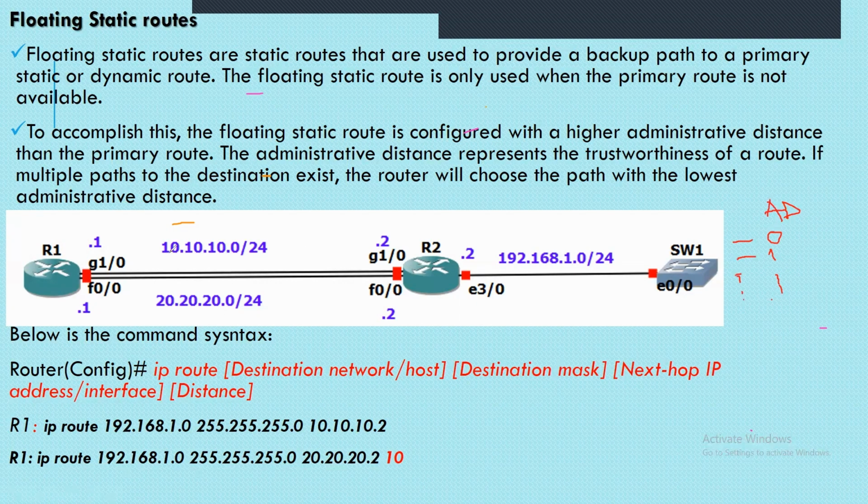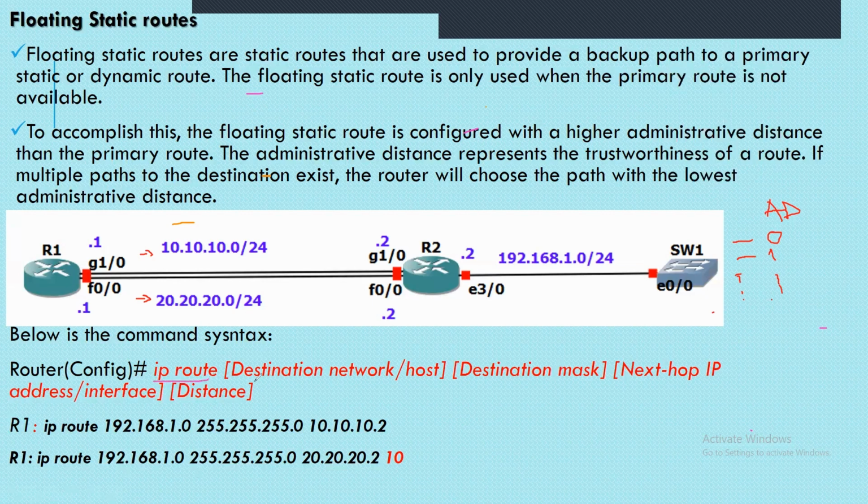So now, for example, here for router 1, for our host to access hosts on this side, we have one route and a backup. We want to configure it so that we can use the primary, but in case the primary fails, the router can change the path automatically. This is the syntax.